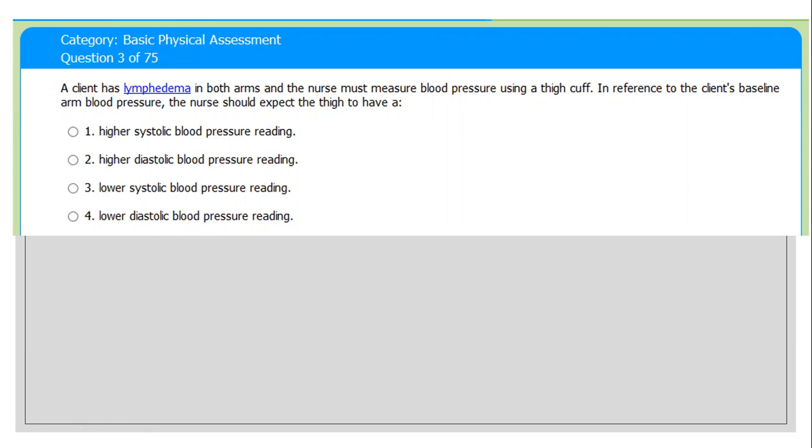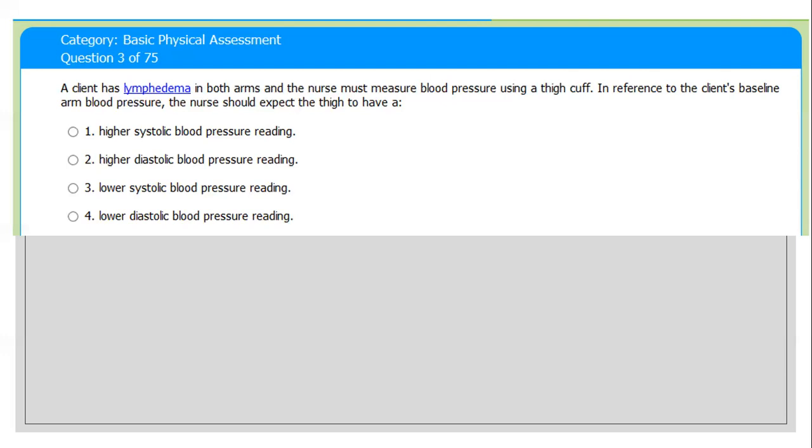So my patient has lymphedema, or lymphatic edema. It is a condition that results in swelling of the legs or arms. It occurs due to a blockage in the lymphatic system, which is part of our immune system.